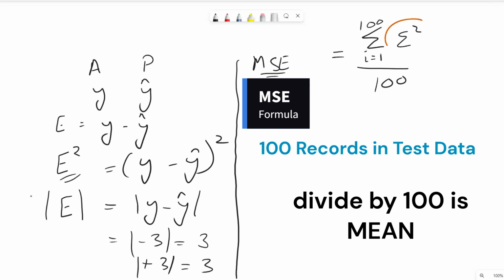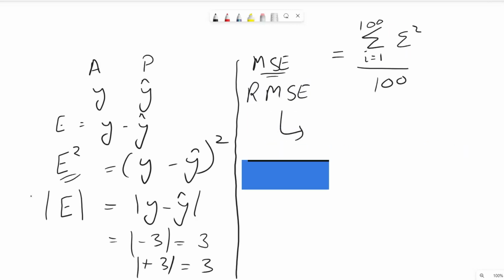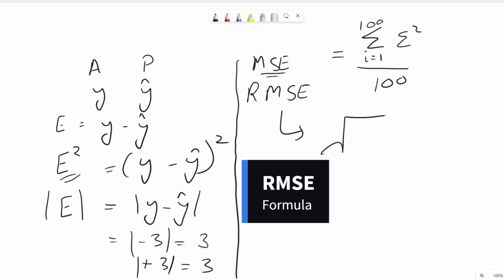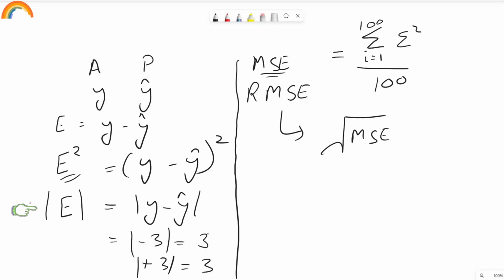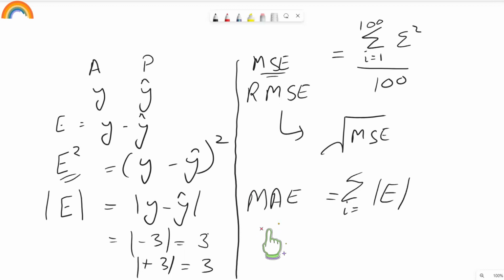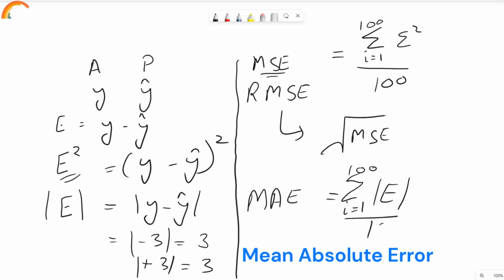You take the squared error, but now there are 100 records in the test data. So you will add the squared errors for all the records and divide by the total number of records. That is mean squared error. What is RMSE? It is nothing but taking the root of mean squared error. That's it. Similarly, if you know absolute error, AE, we have something known as mean absolute error. If this is the absolute error for the first record, I will add it for, let's say, all the 100 records and divide by 100.